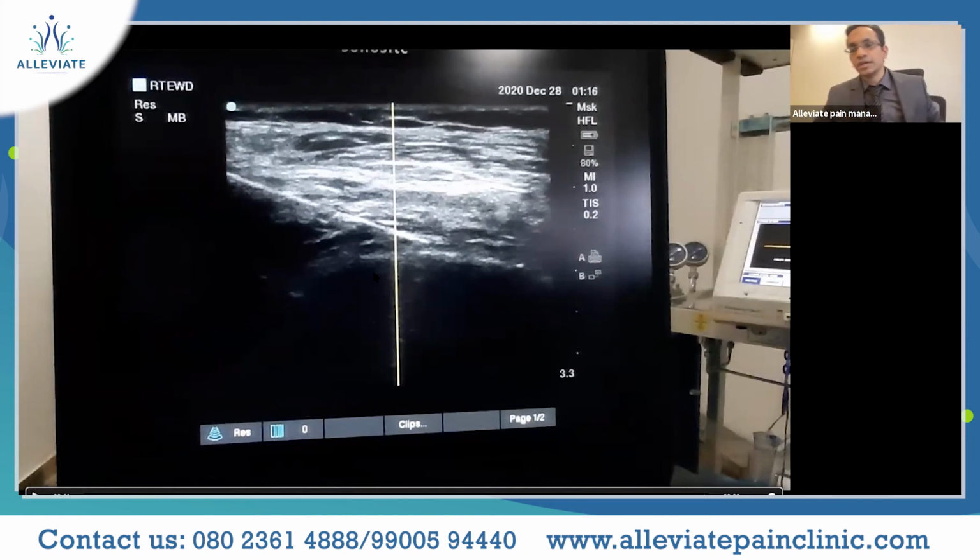Nowadays, this is not the era of doing any blind injections. Everything is done under image guidance. And what you're seeing over here is the needle close to the nerve, and then the radiofrequency ablation is going to be started. So everything is happening under image guidance.